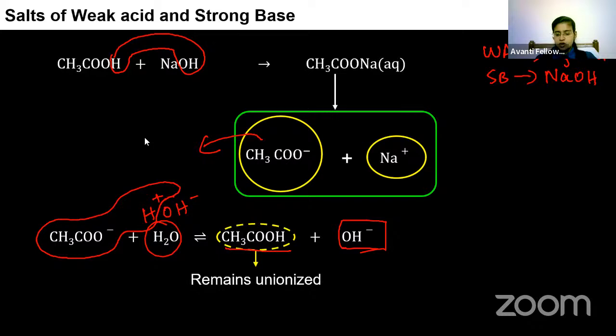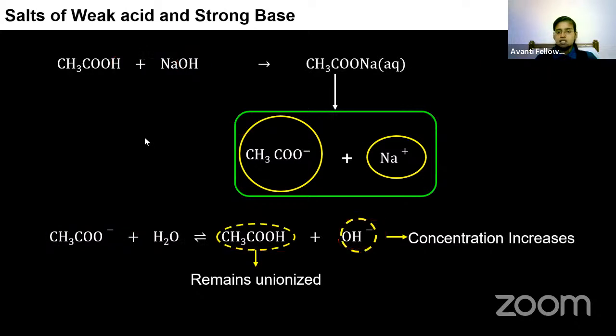The second, the OH minus ion concentration, increases in the solution. So this is the salt of weak acid and strong base, and they undergo hydrolysis. Okay. So now we will go for the third combination.